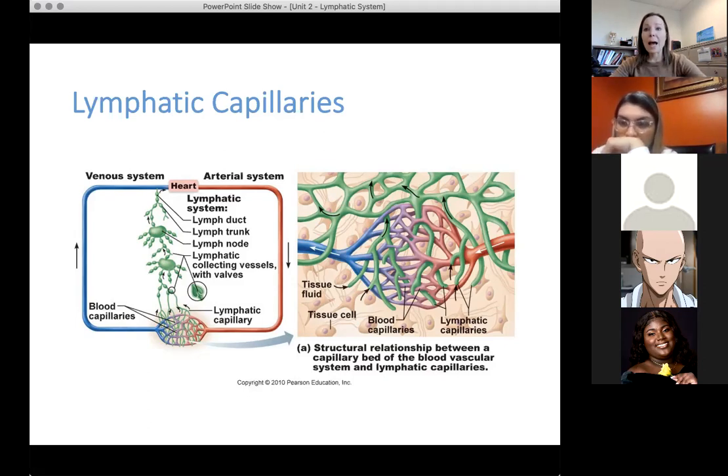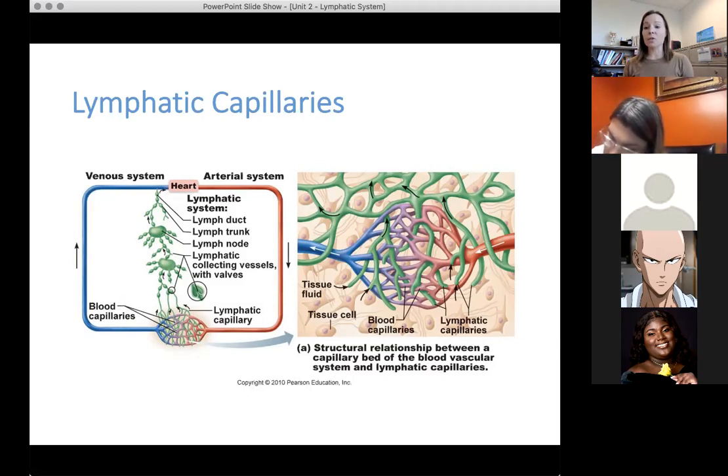You guys may not know this, but the small intestine is pretty much where all of your absorption of nutrients occurs. After you've ingested food, it goes into the stomach, and from there it goes into the small intestine. It's right there where nutrients are being absorbed.